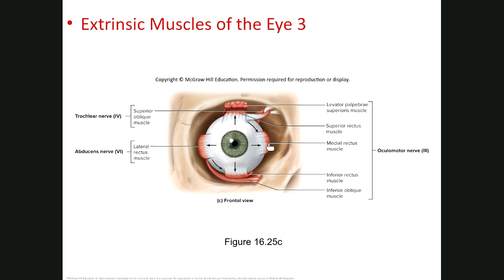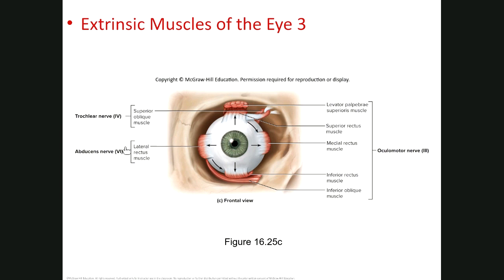It will not contract, allowing the lateral rectus to make the eye movement to the right side. However, in the left eye, because we're looking to the right side, the medial rectus will contract, while the lateral rectus of the left eye will be passive or relaxed. Therefore, both eyes will end up looking to the right. Okay? So that's an important mechanism we should remember.